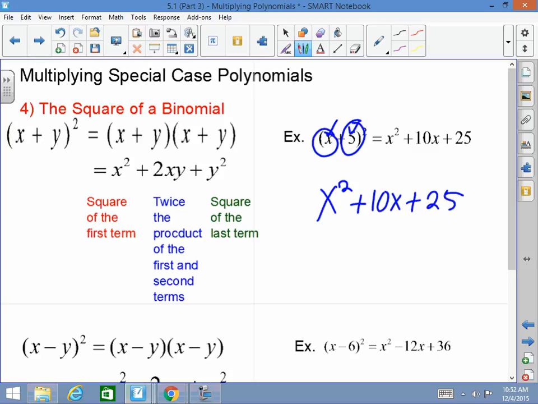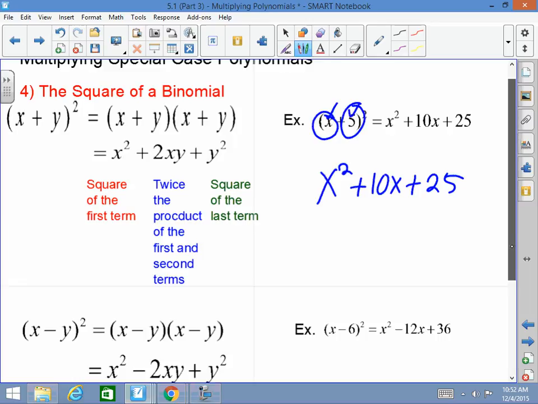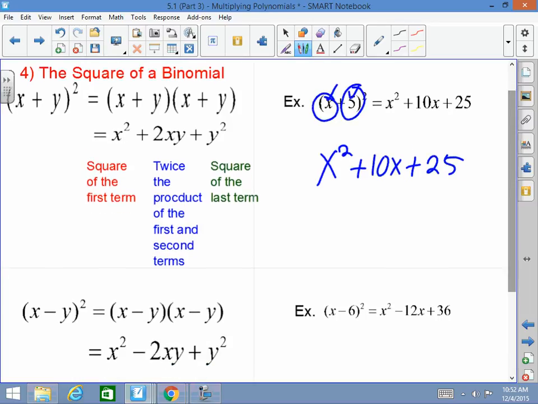Learning it. So it's the first term squared plus 2 times the first term times the second term plus the second term squared. If there's a minus in between the x and the y, just like you see down below, it is exactly the same thing, except instead of there being a plus, there is a minus. So the rules are 100% the same.